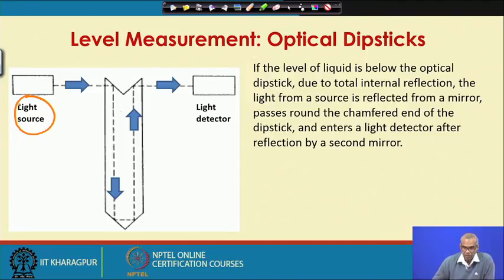We send a beam of light which gets reflected by this mirror, then it goes down, passes round the chamfered end of the dipstick, and the beam returns, again gets reflected by another mirror and enters the light detector.